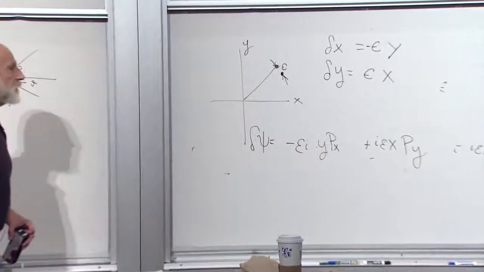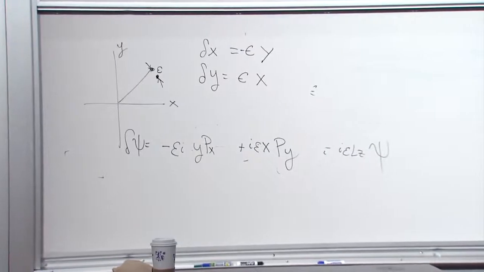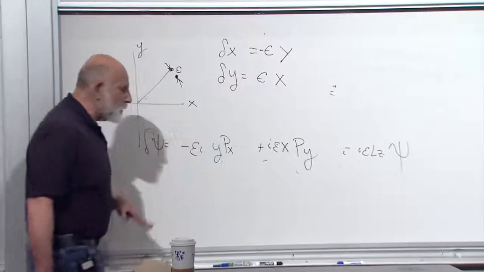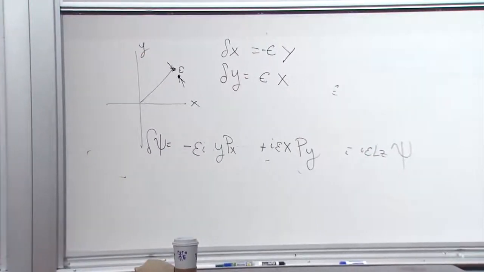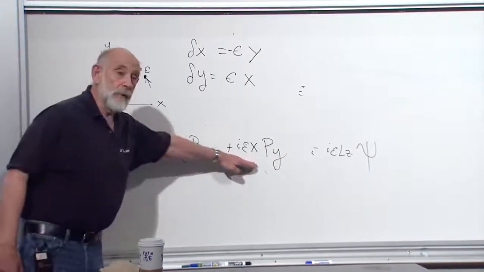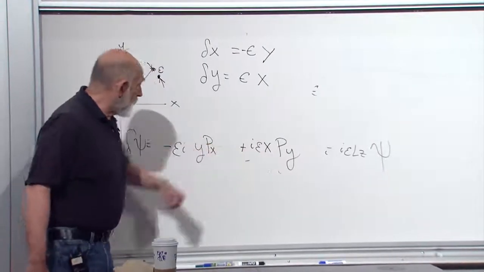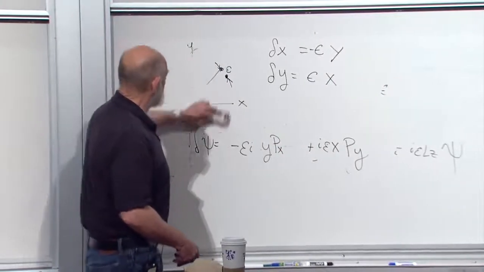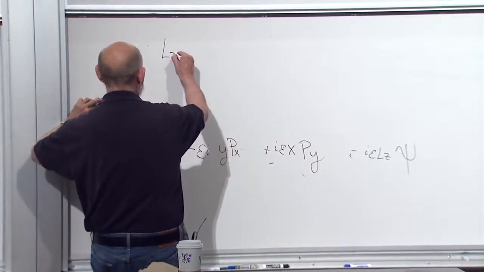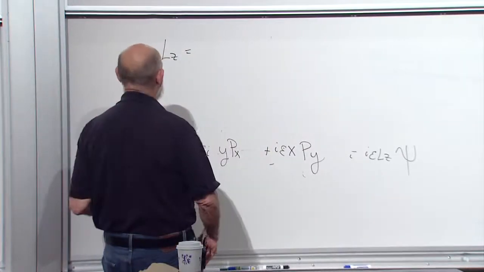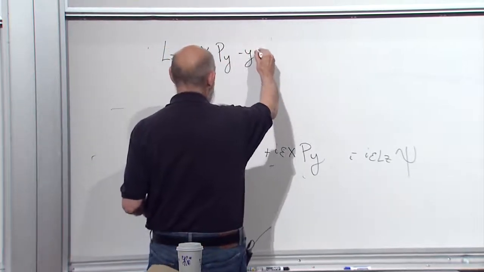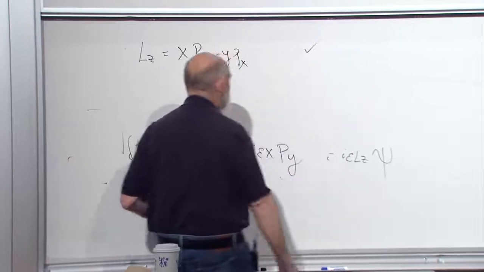All right, apart from the sign, which I said I wouldn't try to track in any detail, it's quite clear what the correspondence between the z component of the angular momentum, the generator of rotations, and the coordinates and momenta of the particle are. Lz is to be identified with x py minus y px, and now I do have, this is the right sign.